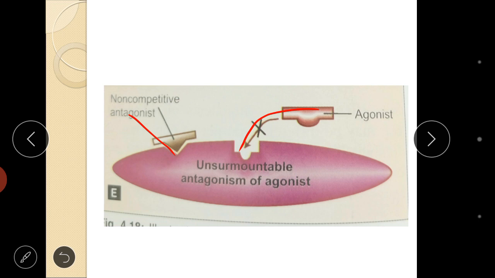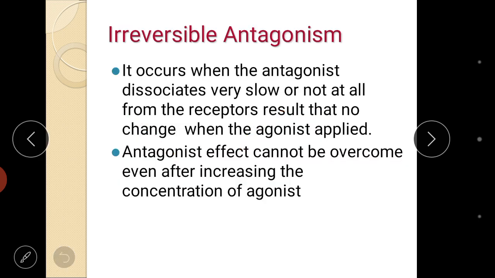That's why it's also called allosteric antagonism. Once you increase the concentration of agonist, you still don't get the response, because the non-competitive antagonist binds very tightly or with covalent bonds, so you can't reverse it.